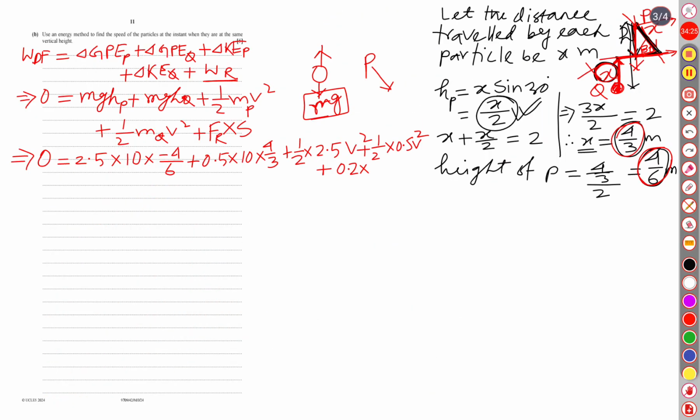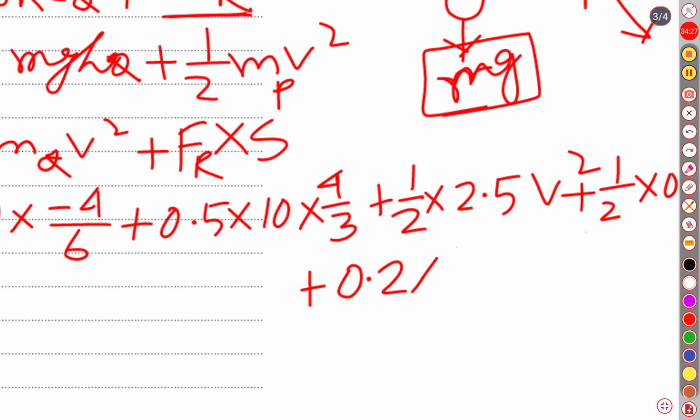So R was mg, m was 2.5, and g was 10, and this is cos, not sine, because we are talking about the vertical component, which is cos 30, and our angle was actually 30.